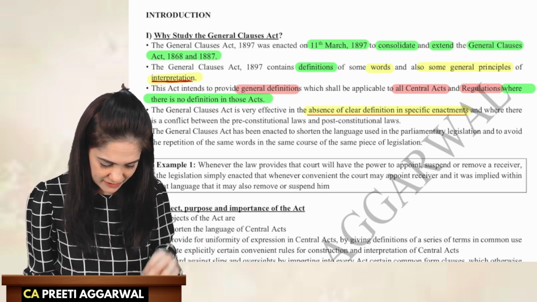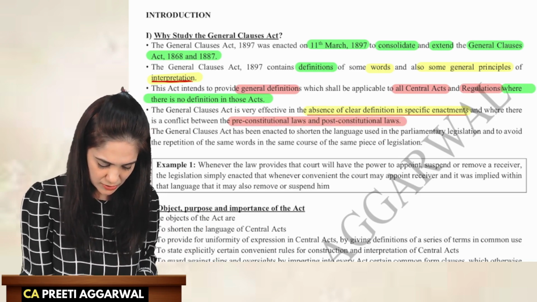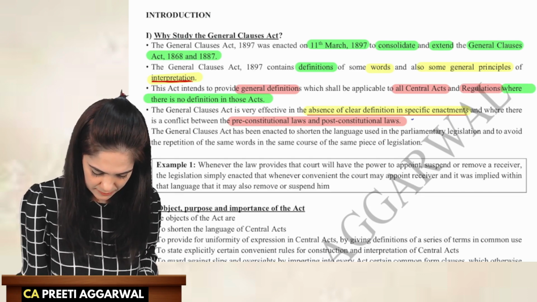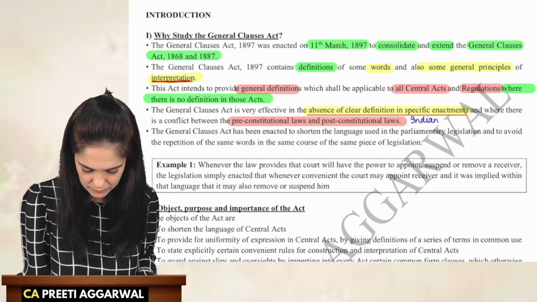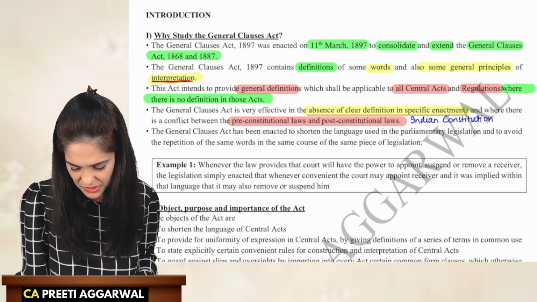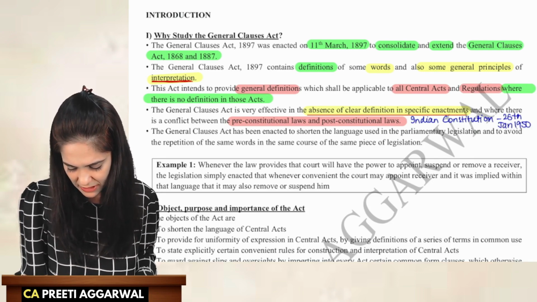If there is a conflict between the pre and post constitutional laws, now in India, our Indian constitution was made on 26th January 1950.